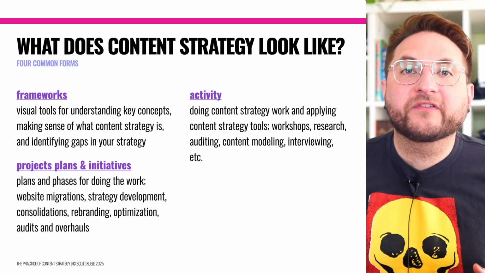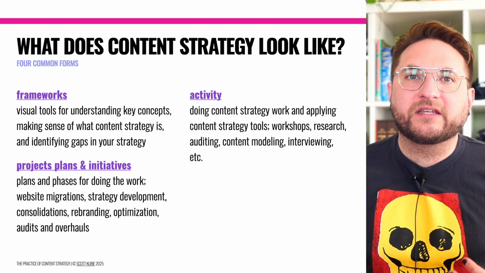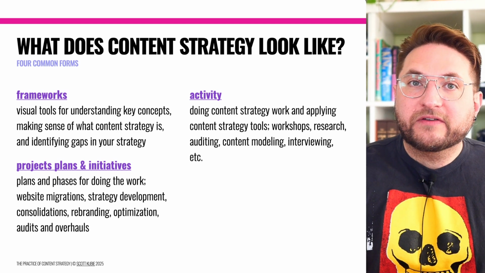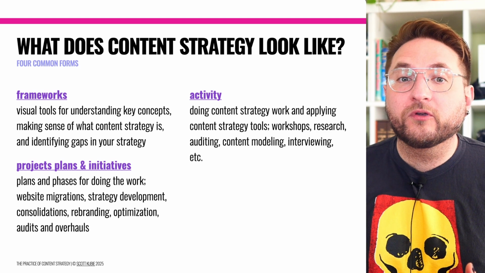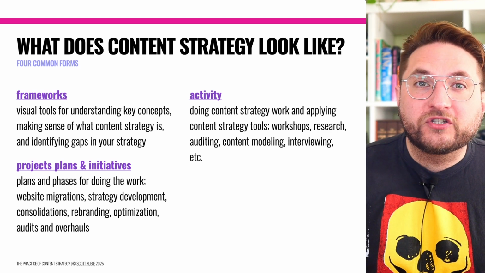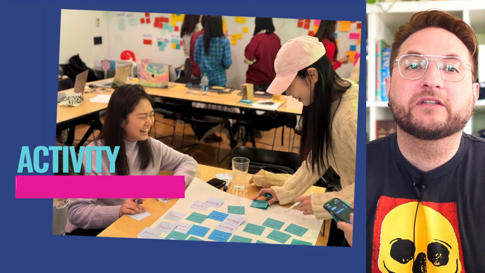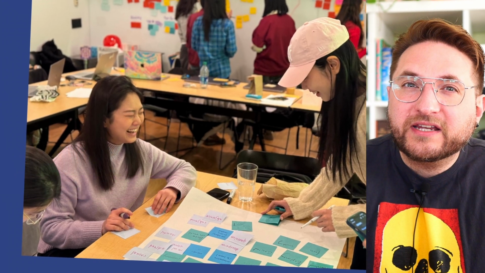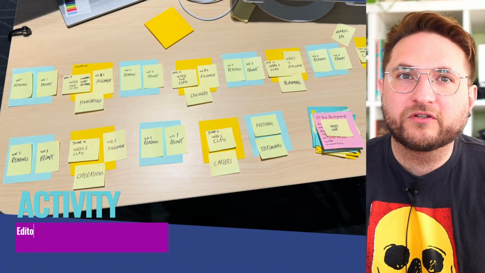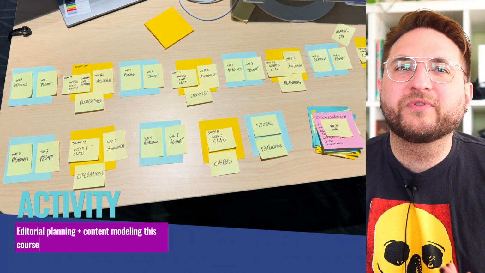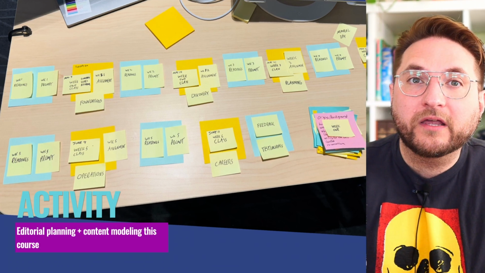A common form of content strategy, the shape that it might take, is activity, a sequence of activities individually or as a group, applying content strategy tools, doing research, facilitating workshops, all of that kind of stuff. You might be using design tools, you might be leading or facilitating conversations, you might be synthesizing insights from user research, organizing notes, applying tools like content modeling.